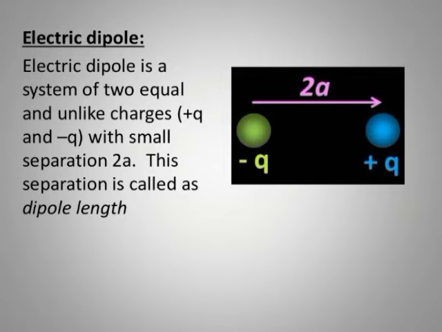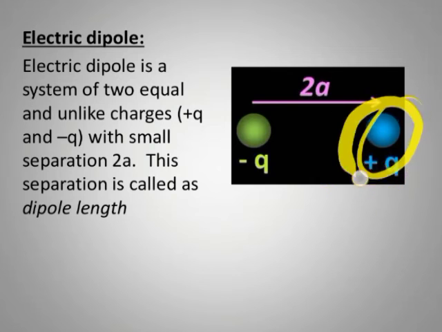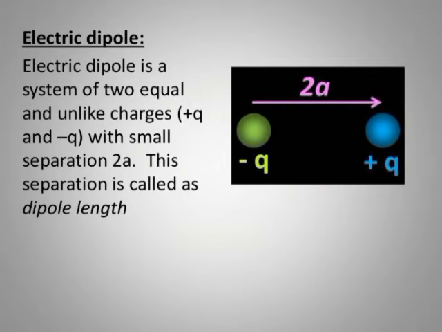Now tell me, what is the net charge of this dipole? The net charge on this dipole is neutral, but will the electric field be equal to zero? No, they will be continuously producing electric fields around them. The electric field will never be zero, but the charge on these two will be zero. Is this clear? They are both neutral together.